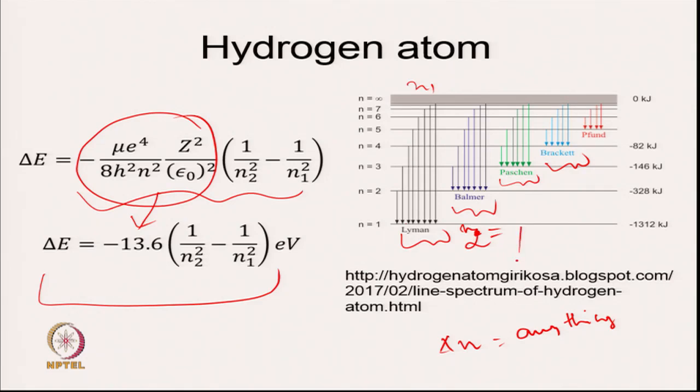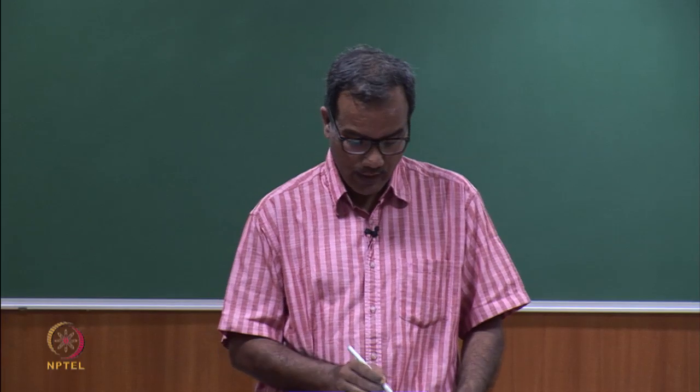In Lyman series n1 is greater than 1, n2 is equal to 1. In Balmer series n1 is higher than 2 and n2 is 2. In Paschen series n1 is higher than 3 and n2 is 3. Similarly, you can talk about other series. So, this is your gross spectrum of hydrogen atom.